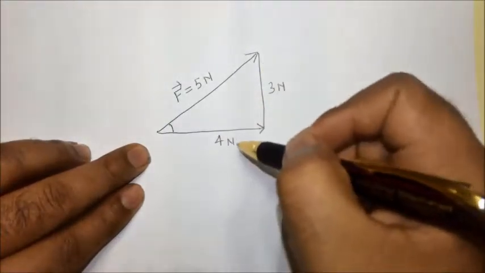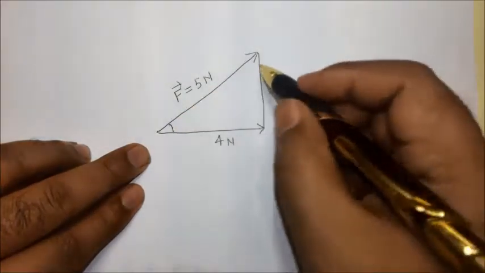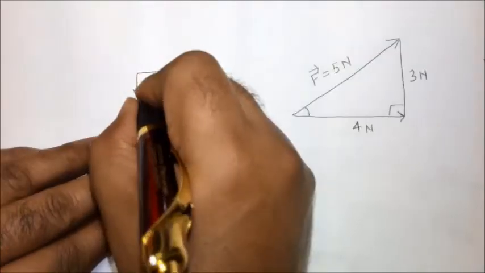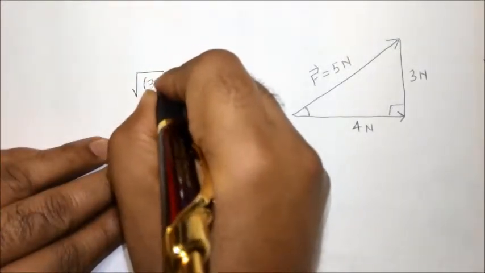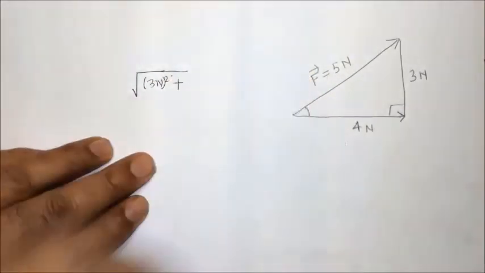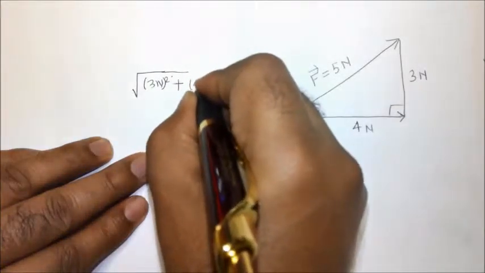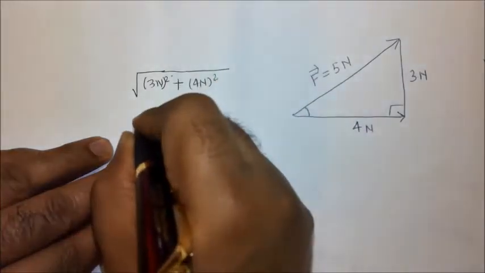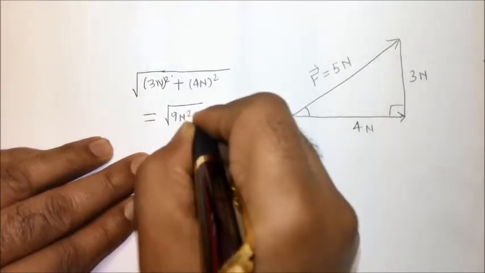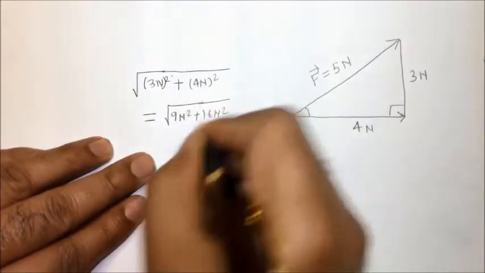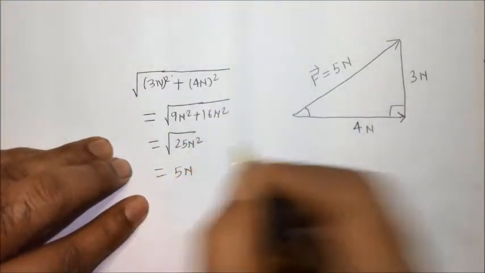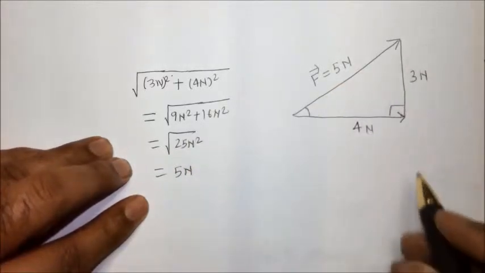So you can find out, this looks like a right angle triangle. So square root of 3 Newton square plus 4 Newton square is equal to 9 Newton square plus 16 Newton square. Square root of 25 Newton square is 5 Newton. So that's how it becomes 5 Newton.